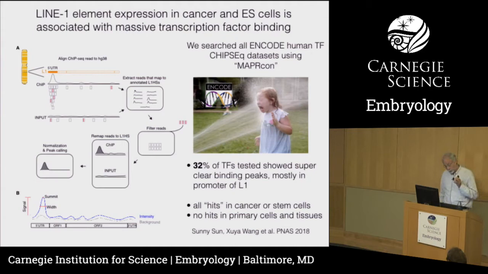And one of the really amazing but slightly daunting results from this was that 32% of transcription factors that had been tested by the larger ENCODE community showed very clear binding peaks, and the vast majority of those are in the promoter region of L1, but some of these factors bind very specifically to internal regions of the LINE-1 genome.